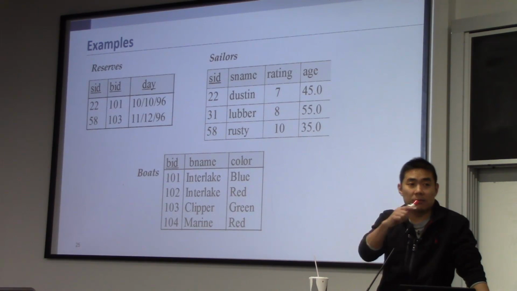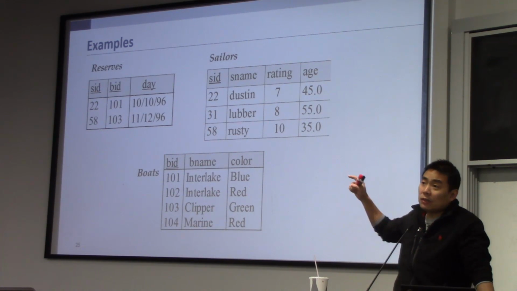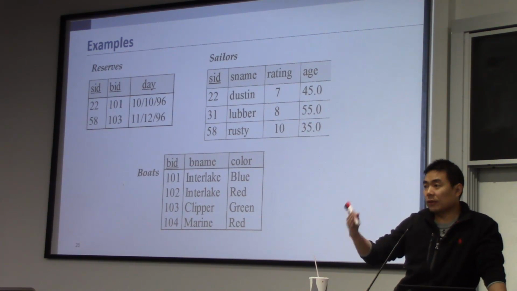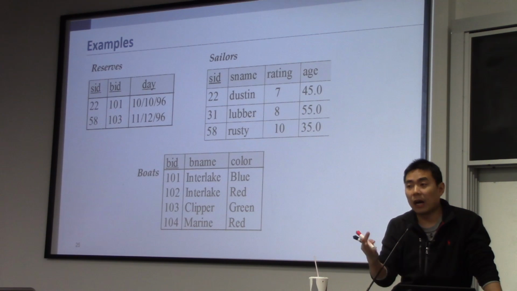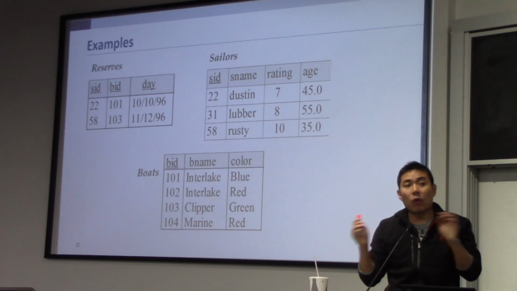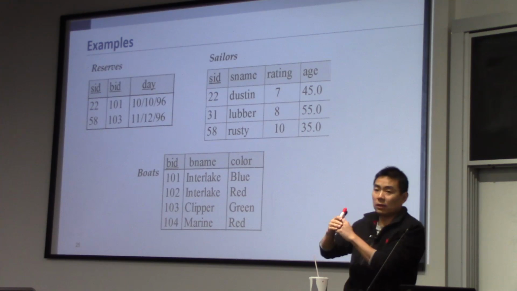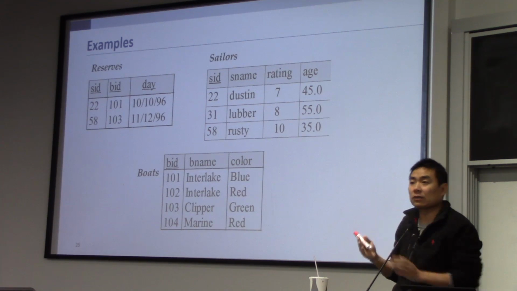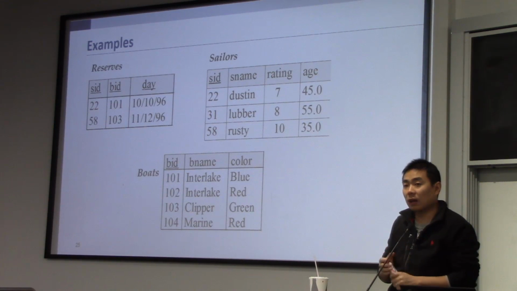Keep in mind, as I mentioned just now, these instances are really there to help you understand what's going on behind a particular query expression. By no means you want to construct your query using a particular instance. That's always wrong. That's not the right approach.